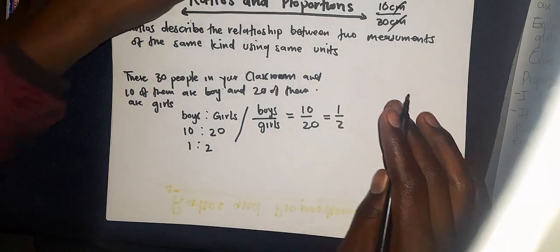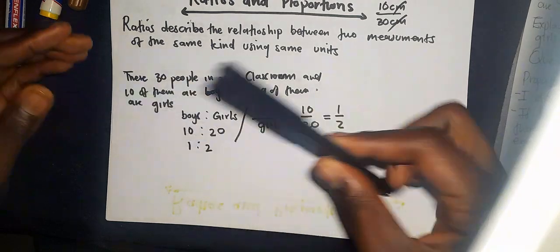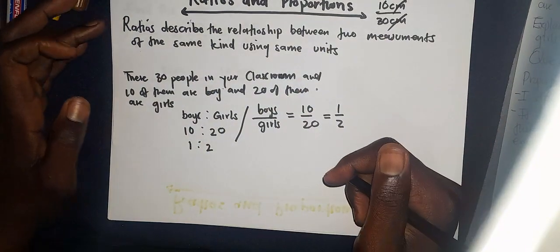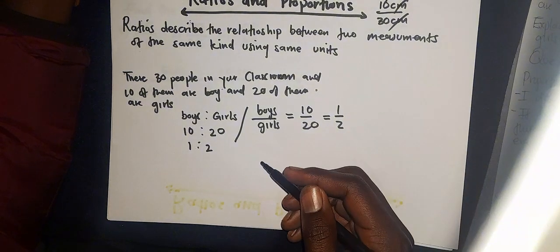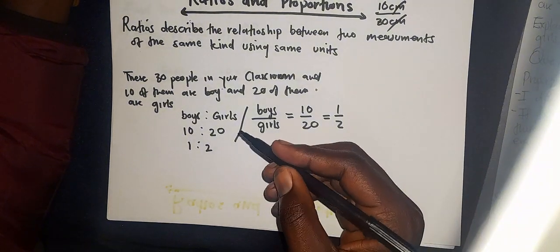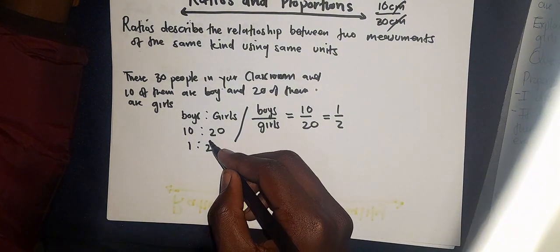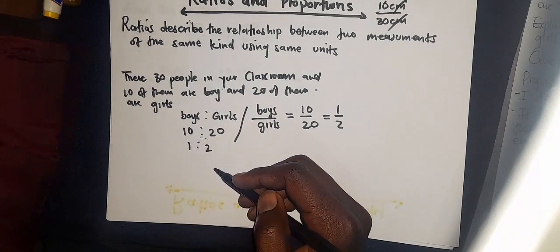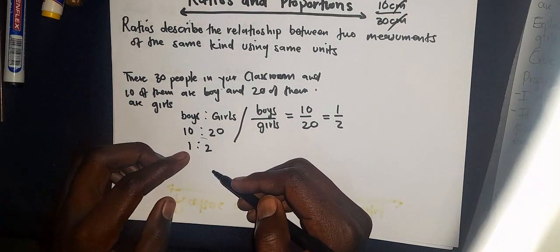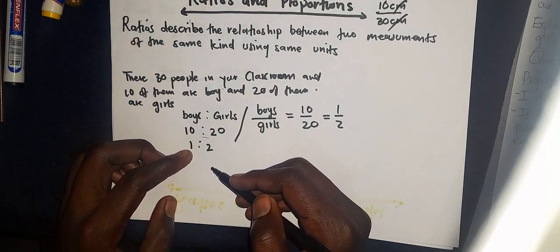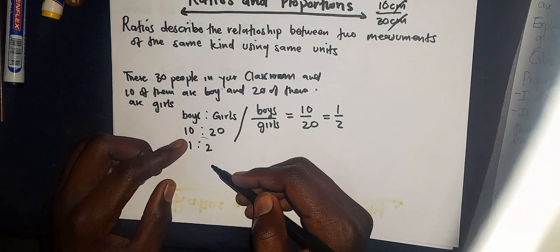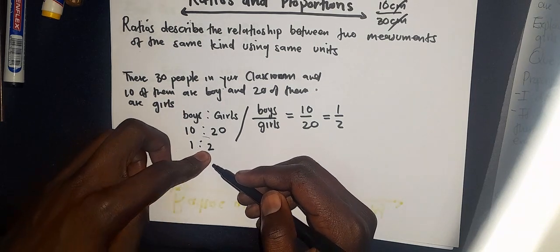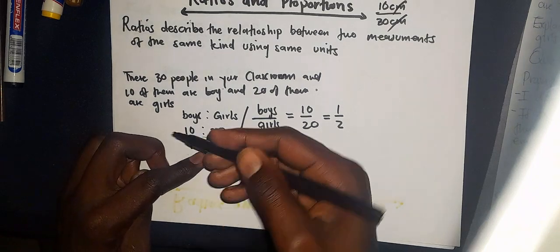I want you to pay close attention to something here, because this is very simple, but a little bit tricky for some people. It doesn't mean that in your classroom you have only 3 people, or only one boy and 2 girls.